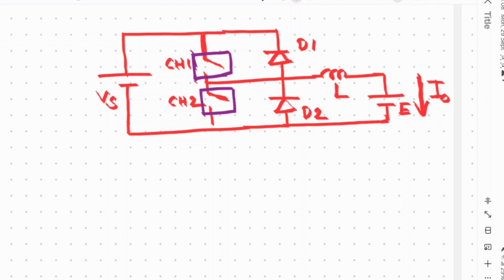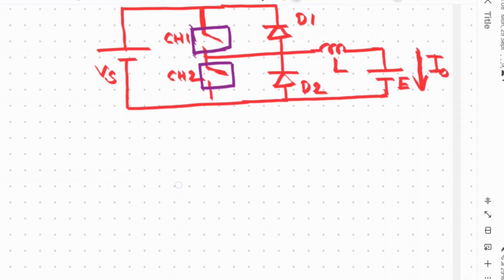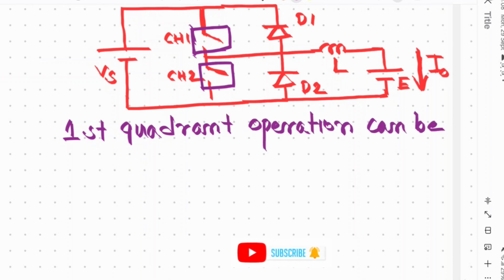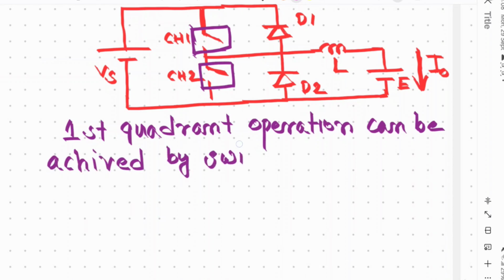First quadrant operation can be achieved by switching on switch 1 or diode D2.